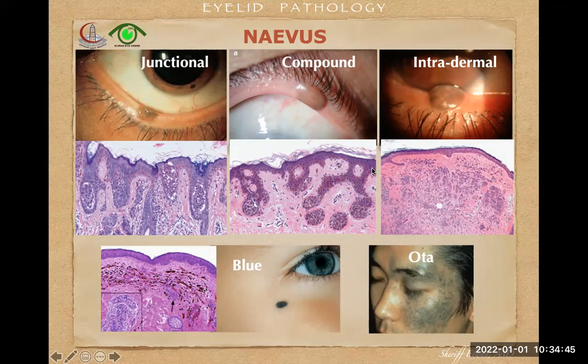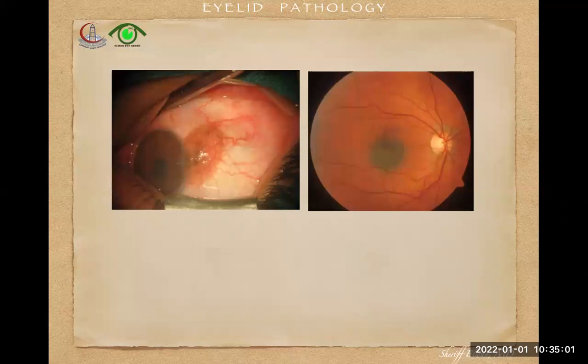Please try to teach yourself the difference between the junctional and the compound, because saying epidermal, compound, and dermal is not the right thing, although in the exam many of you say this.